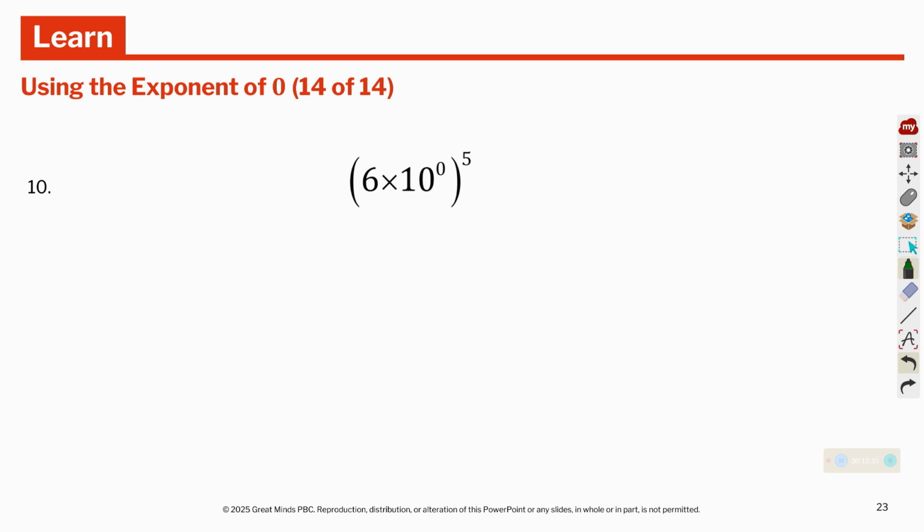In this case, 6 is to the 5th power, but 10 is to the 0 power for 6 to the 5th times 1, which is 6 to the 5th.